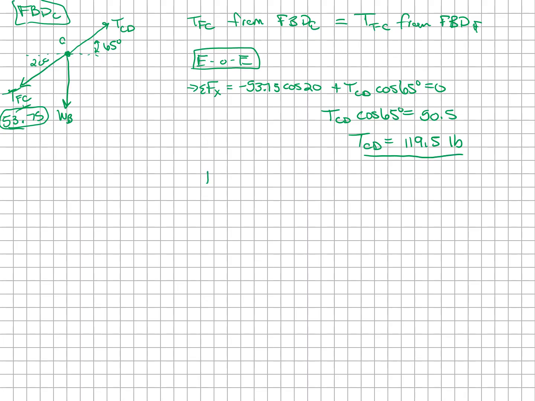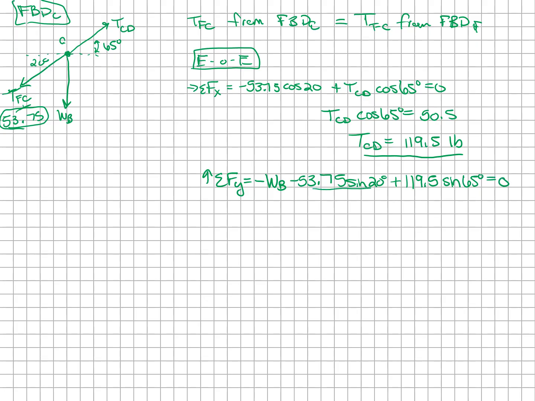And then finally, we can do our last equation, Fy, and get negative WB, that's the weight going down, minus the y component of the TFC, which is negative 53.75 times the sine of 20 degrees, and then the y component of TCD, and it's positive, and I'm just going to go ahead and stick TCD right in there since I already found that, times the sine of 65 degrees is equal to 0.